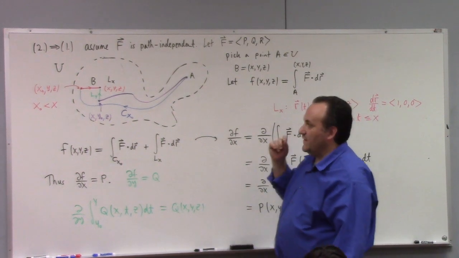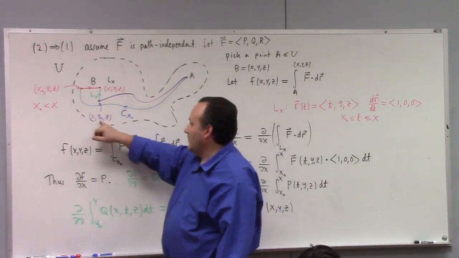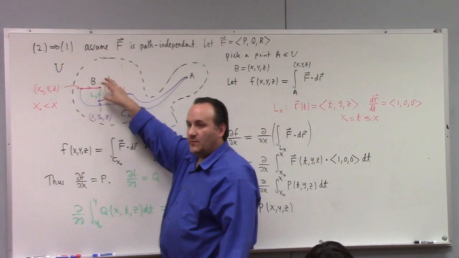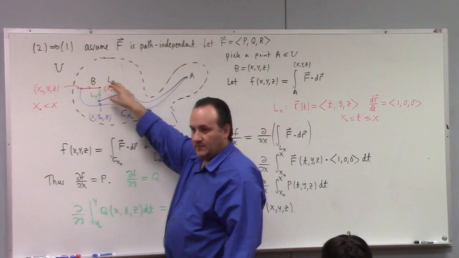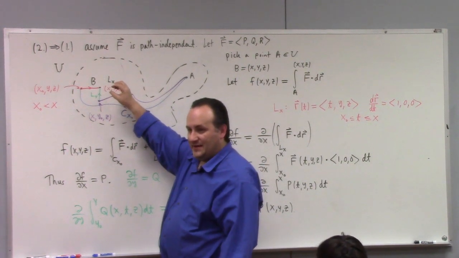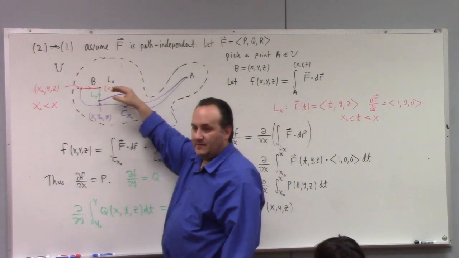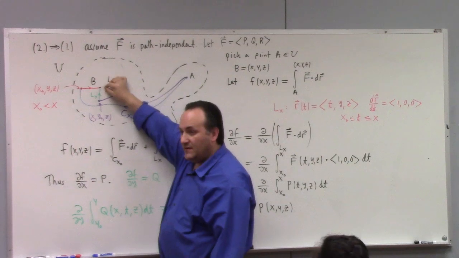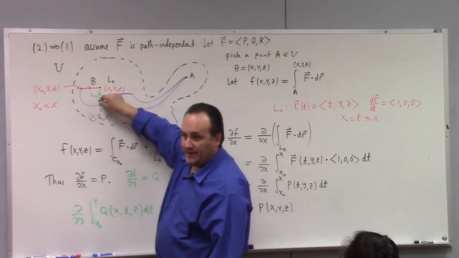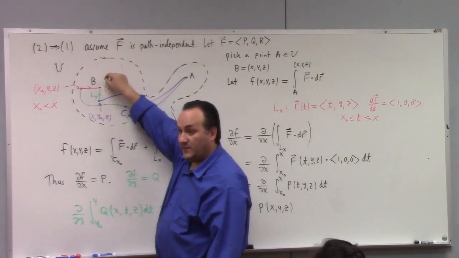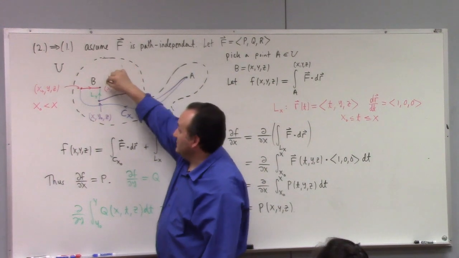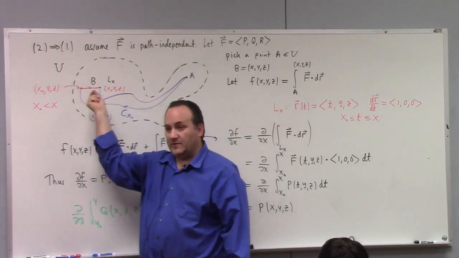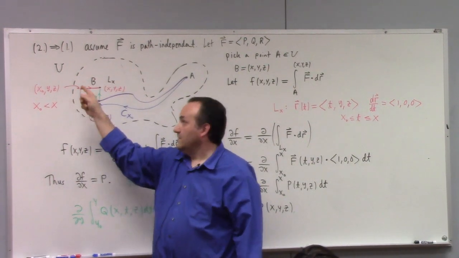What I'm saying is I can vary y naught without varying y. My claim of independence of y naught and y is a reasonable one, because I can fix B, and I can move the purple point up and down without moving the B point. Likewise, I can fix B, and I can move the red point back and forth without moving that point.